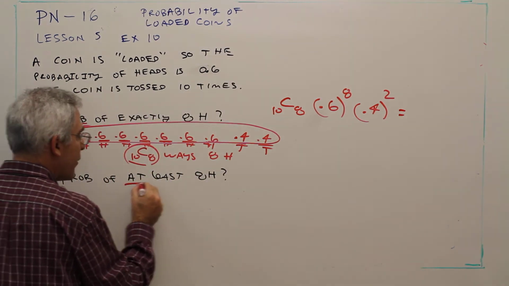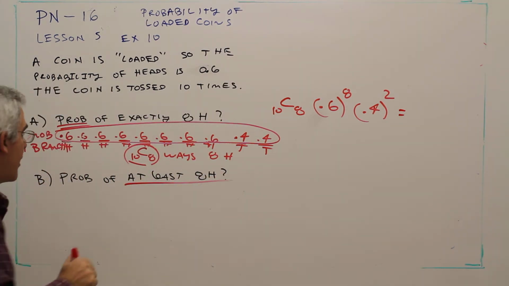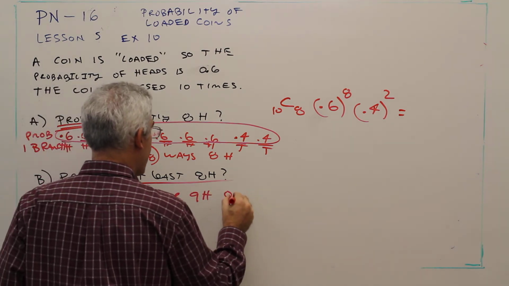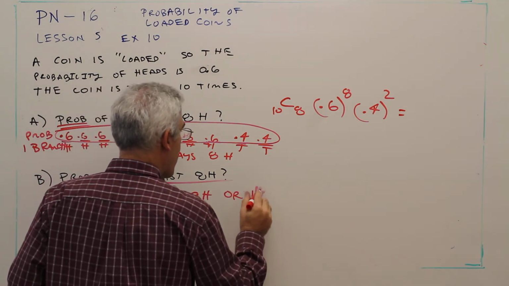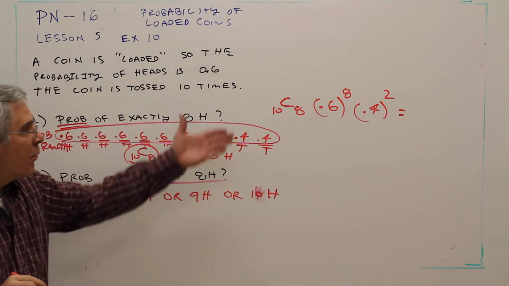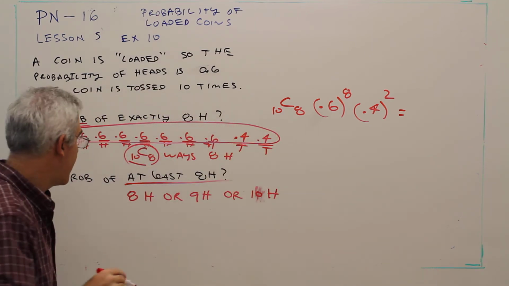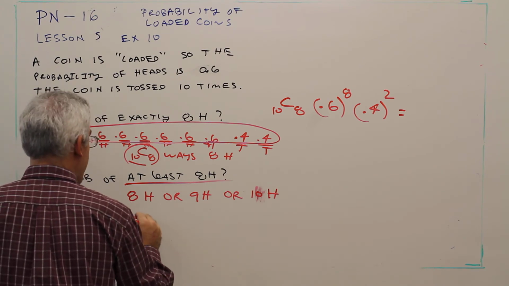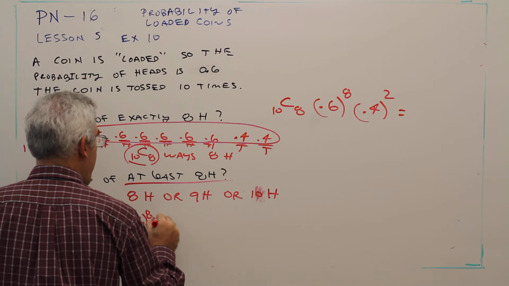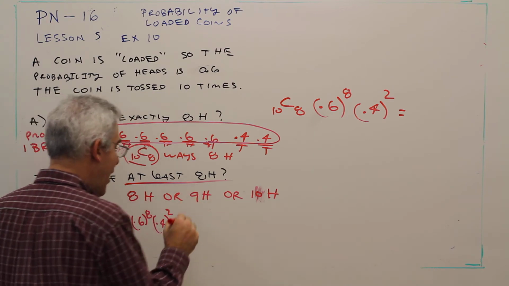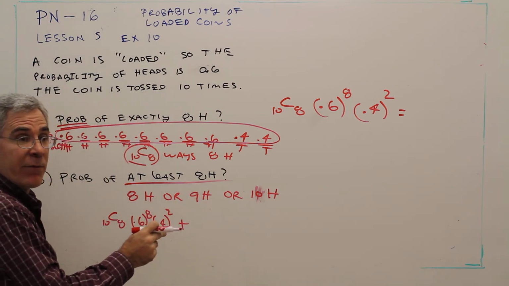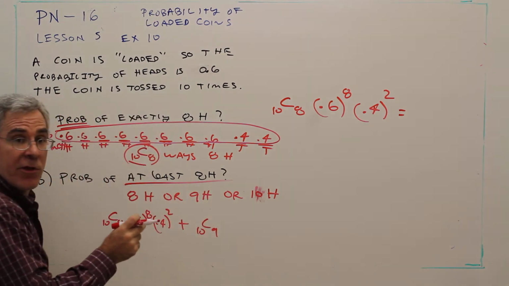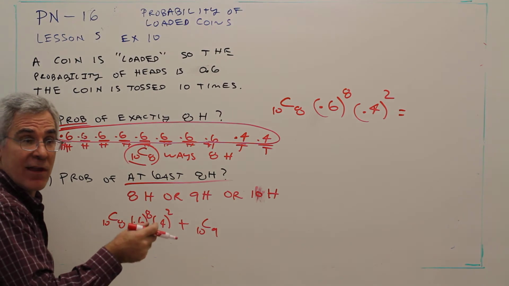This one says at least 8 heads. So that means 8 heads, or 9 heads, or 10 heads. Well, using the same kind of pattern, I've already got this one. 10 choose 8 times 0.6 to the 8th, 0.4 squared, plus, you might be able to figure this one out, 10 choose 9, the number of ways to get 9 heads in 10 slots.